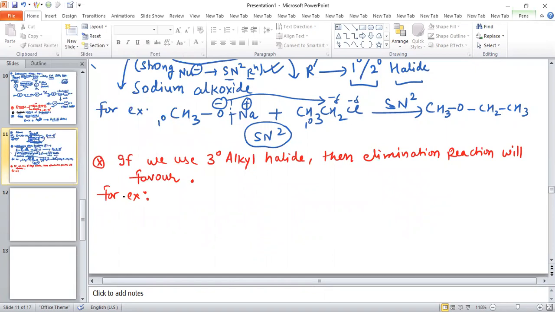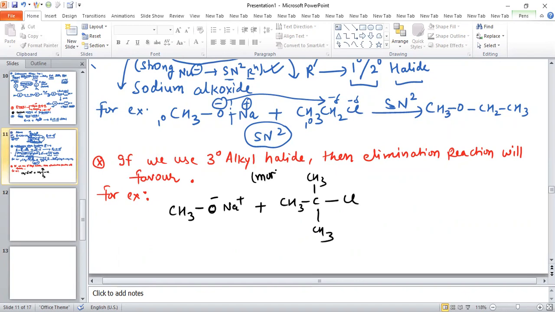If it is given like this, CH3 O minus Na plus, and you are using a tertiary halide with CH3 and CH3, there is more steric hindrance in this compound, so SN2 will not take place.